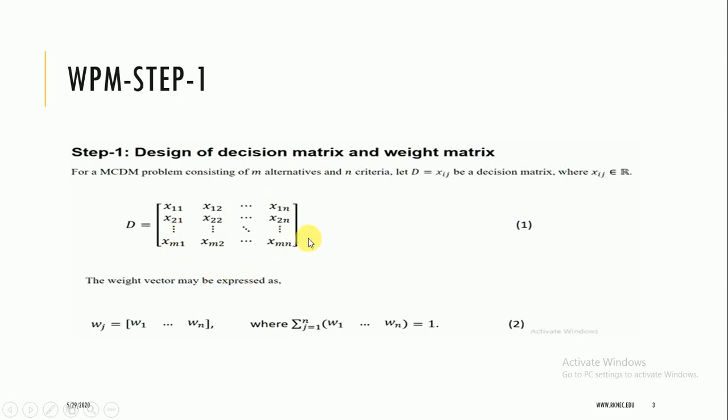So this is the decision matrix. Now this decision matrix will have different measurable values with different units. We have price as a unit, we have GB as a unit, we have screen size in centimeter, so we have different values in different measurable units.